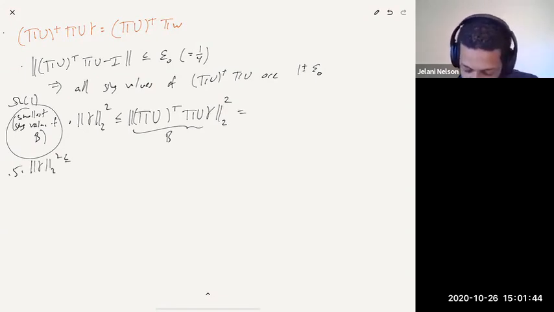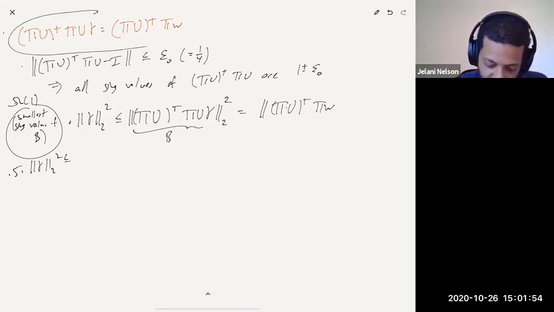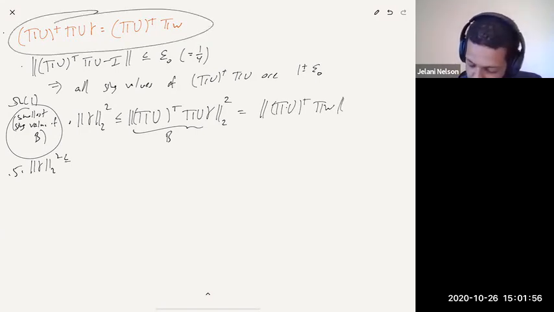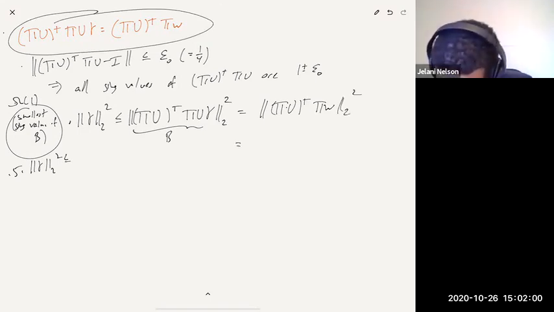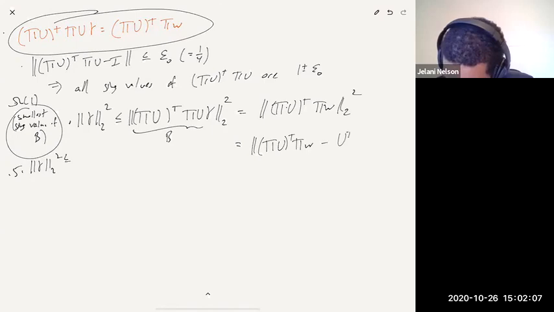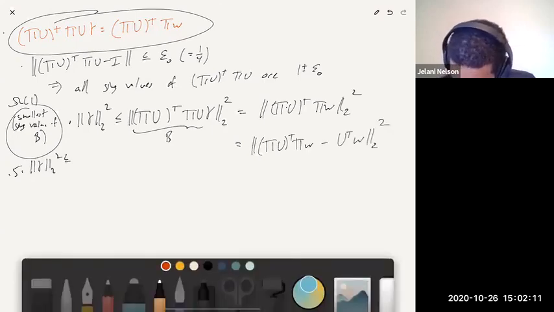On the other hand, this is equal to pi U transpose pi W, because of the thing that I highlighted in red. Which is equal to pi U transpose pi W minus U transpose W. Why? Because again, this is 0.